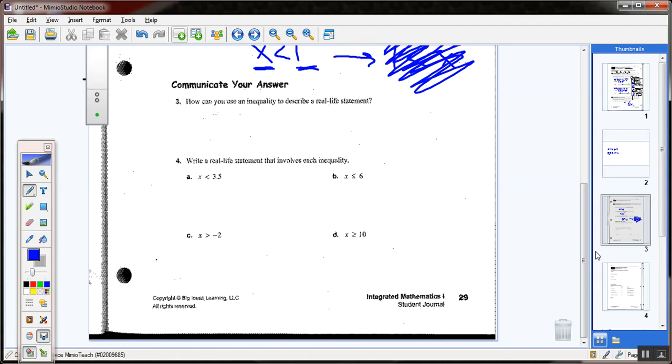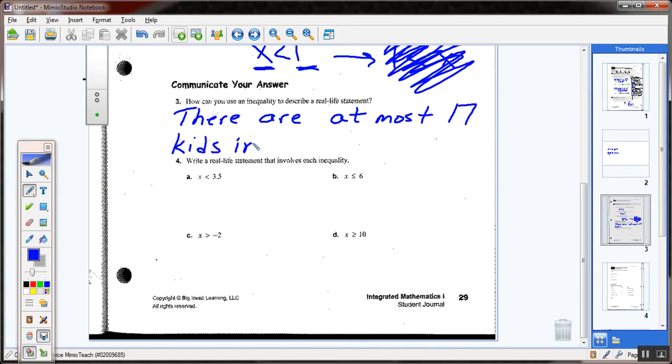So you said, how can you write inequality to describe a real life statement? You might say, say it again for me, Dallas. There are at most 17 kids in the class. At most 17 kids in Parsons first hour class.